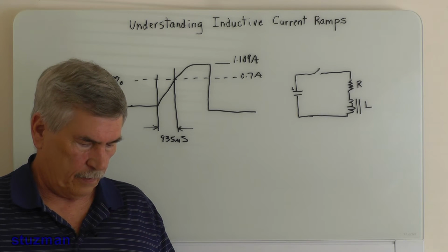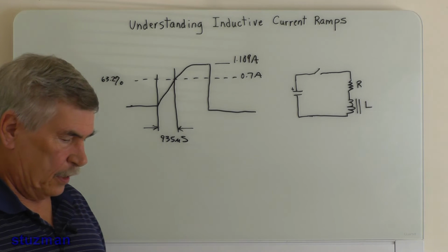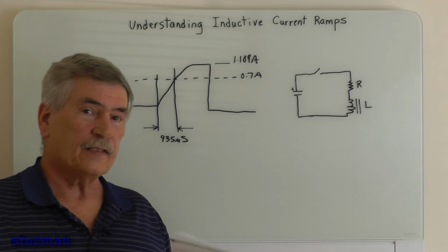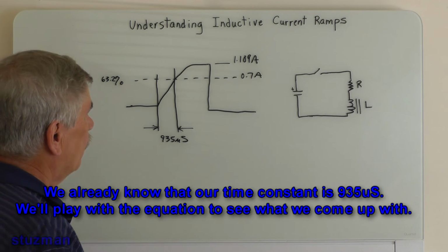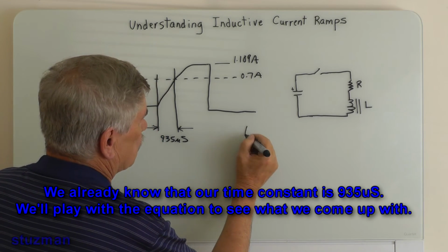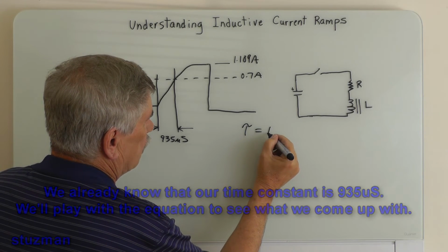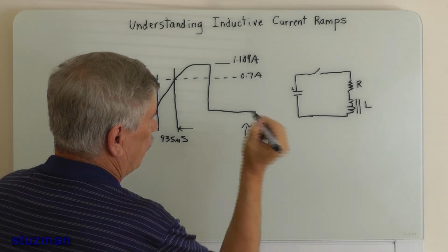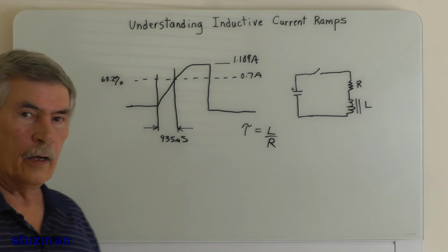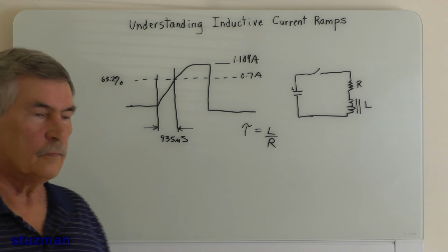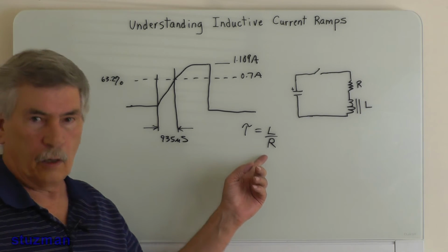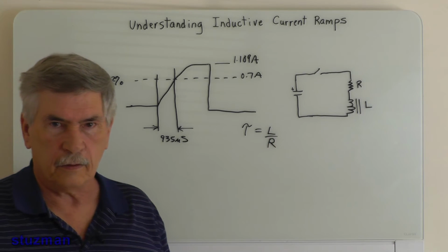All right. We need to do our time constant, don't we? All right, so our time constant is tau equals L divided by R. Do you see a problem? Well, I don't know what R is, and I don't know what L is.